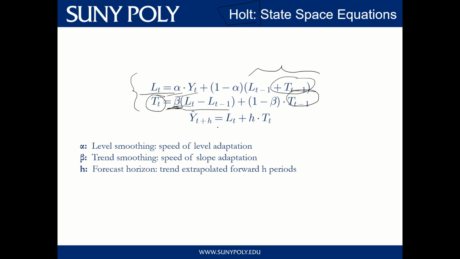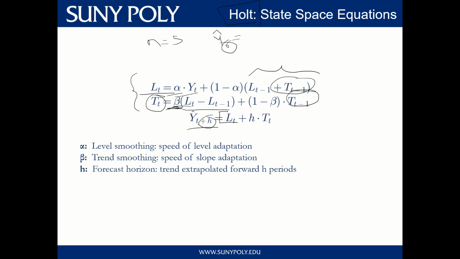Now, when you want to make a forecast of future values, here h represents how many periods you want to forecast in advance. So imagine that we have 5 observations, like in the previous example, and you want to get a forecast for period 6. So h is equal to 1, right? It's one more period. If you want period 7, sorry, h is going to be equal to 2. So how do you estimate those future values?